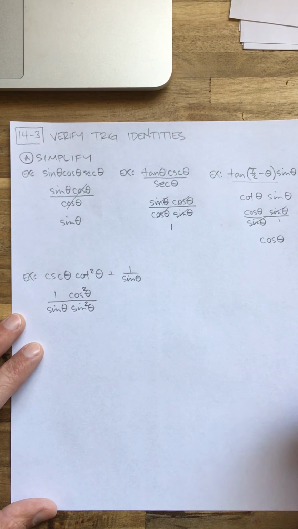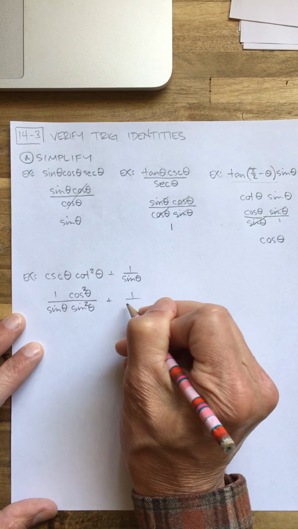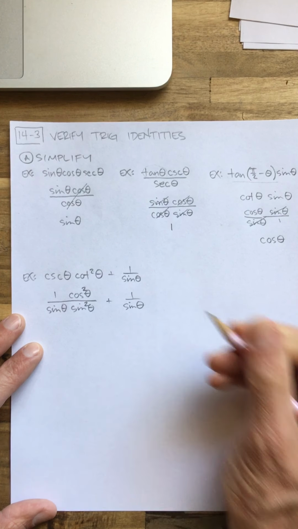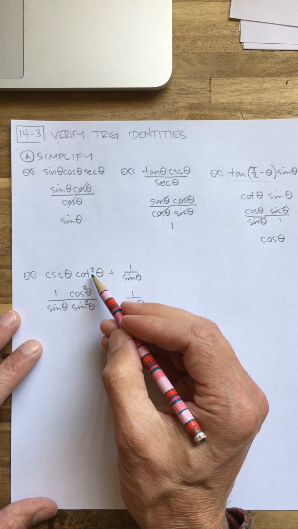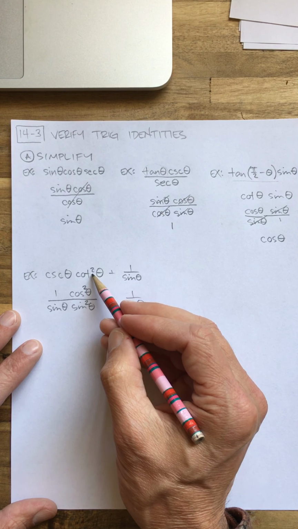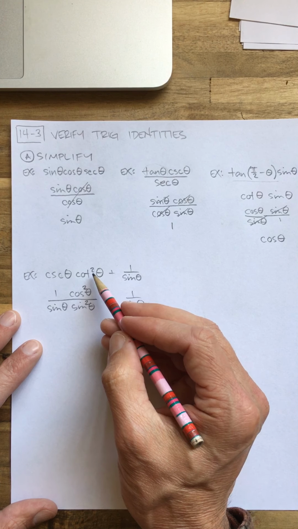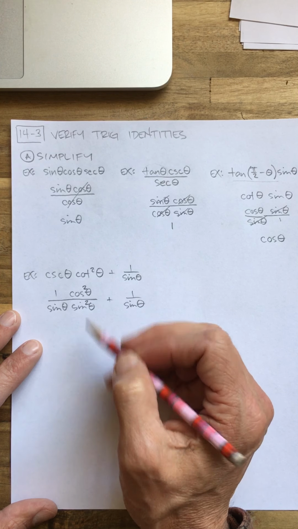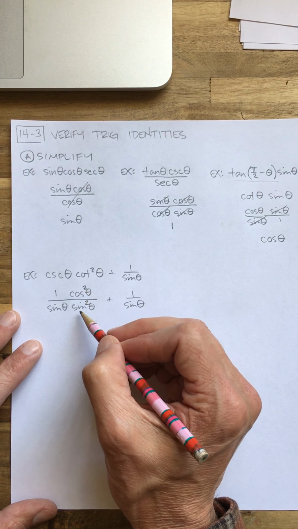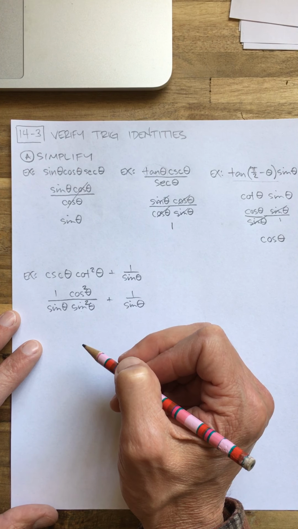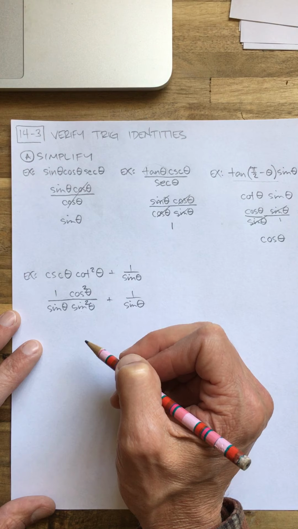And then you have plus 1 over sine of theta. If you aren't sure about this, think about cotangent of theta as cosine over sine. If you have cotangent squared, that's going to be cosine squared over sine squared theta. That's just how the squares work.